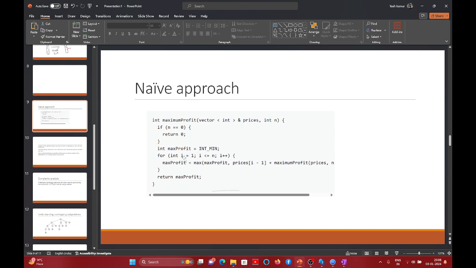So i is where we make our first cut. It goes from 1 to n. And in case of any i, the profit would be the price of i minus 1, that is this part.